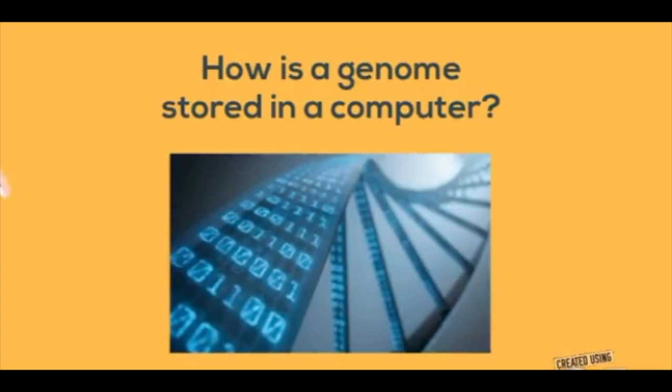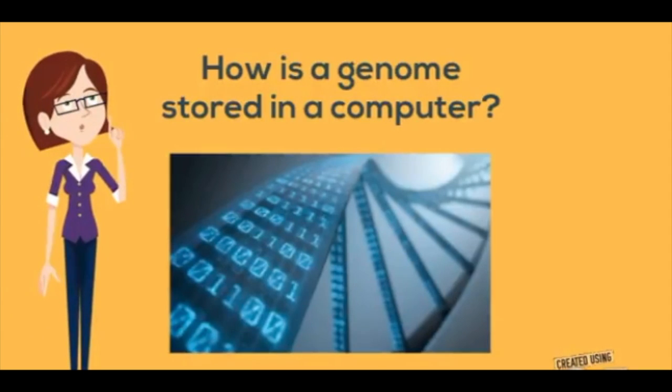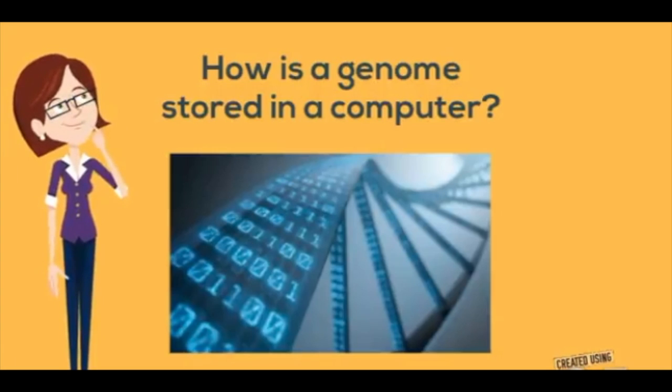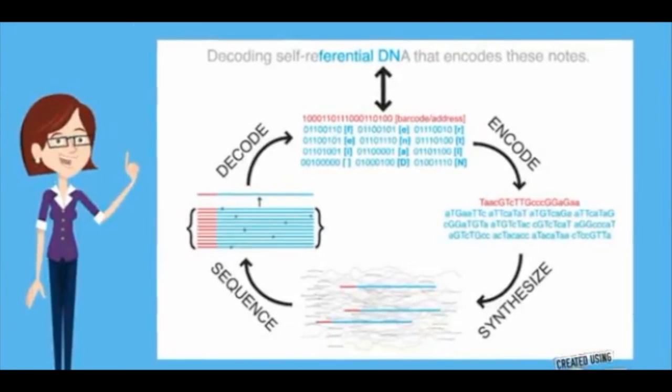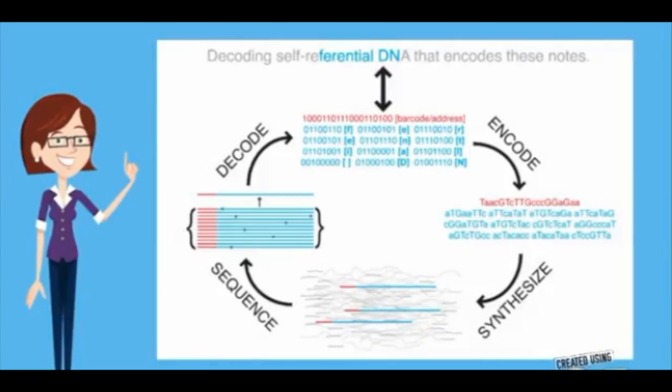How is a genome stored in a computer? First, they have to convert the digital code of ones and zeros to a genetic code of A's, C's, T's, and G's. Then take this lowly text file and manually construct the molecule it represents. Each of these is a feat in and of itself.